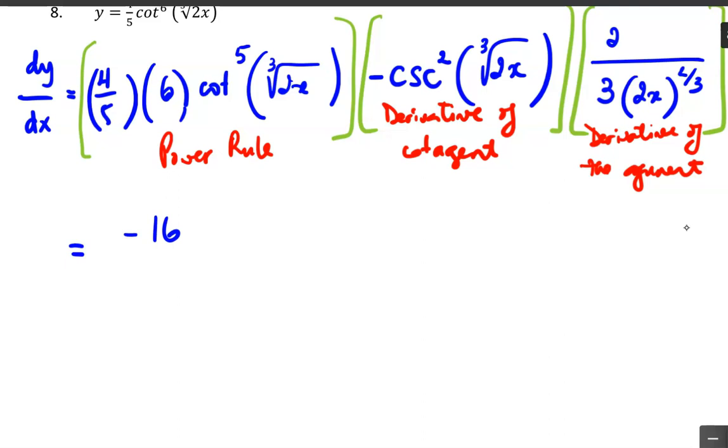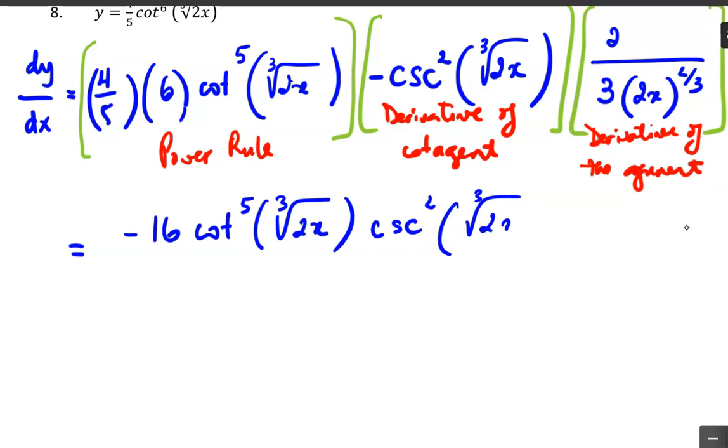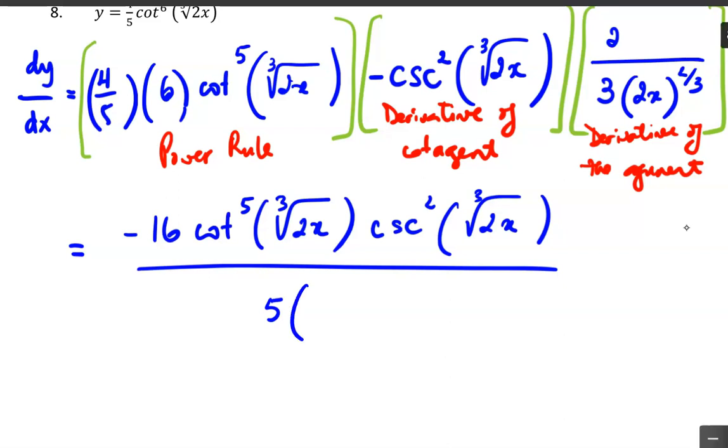So it will be negative 16 cotangent to the exponent 5 of cube root of 2x times cosecant squared of cube root of 2x, the whole thing divided by 5 times 2x, all of it raised to the exponent of 2 over 3.